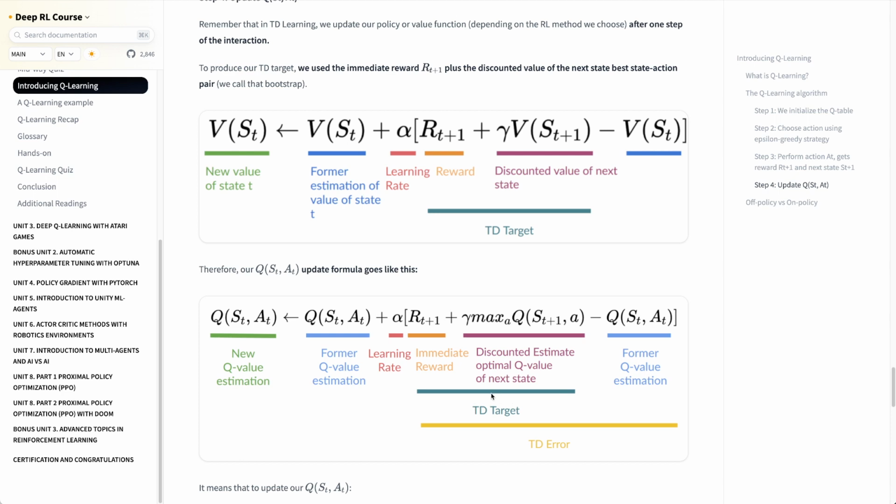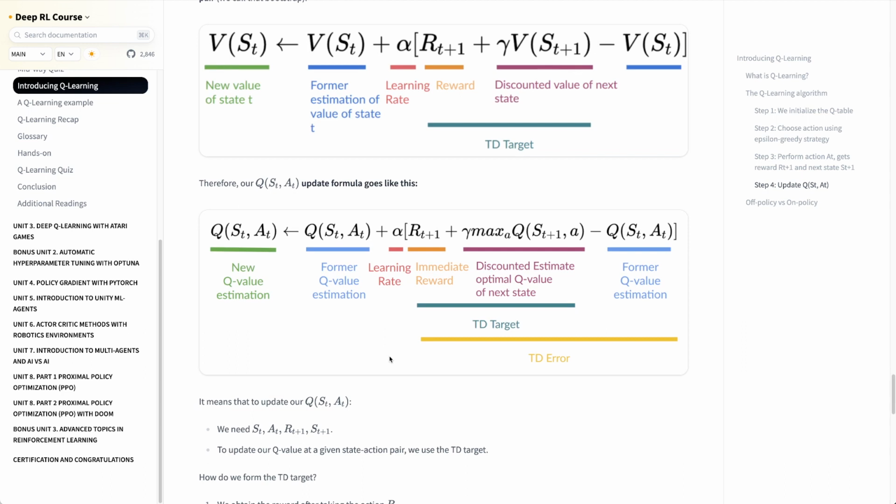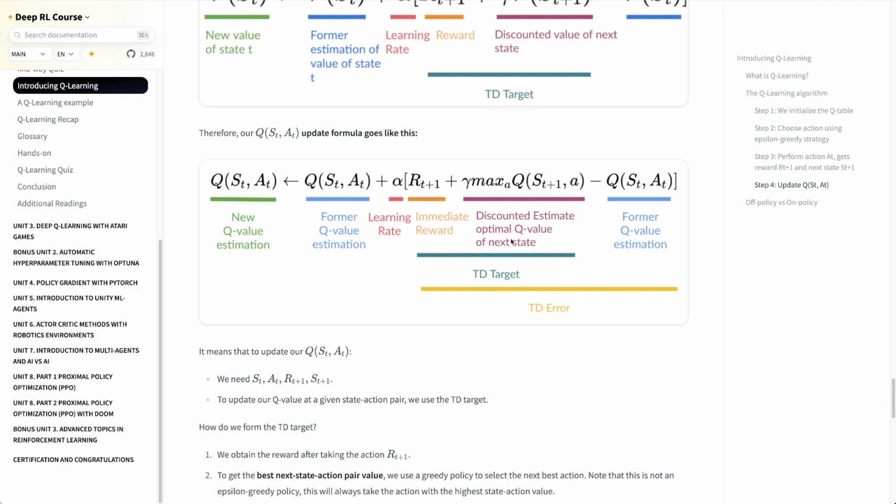And together, this is the TD error, so this is how much we want to adjust our former Q value estimation by, times this learning rate. It means that to update our Q state-action pair, we need state at t, the action at t, the next reward, and the next state. Right? To update our Q value at a given state-action pair, we use the TD target. Here, this is the TD target.